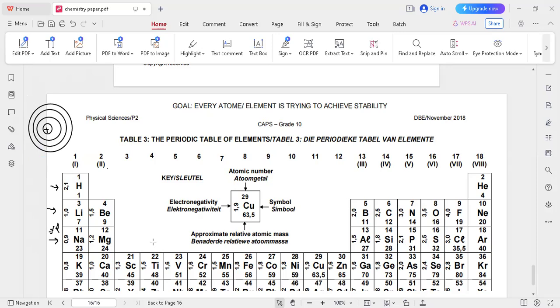Now, the rules of the third energy level are not the same as the second energy level and the first energy level. The second and the third have a sort of limit where every element is basically given an option. Let's call it an option for you to understand better. Let me give you an analogy.